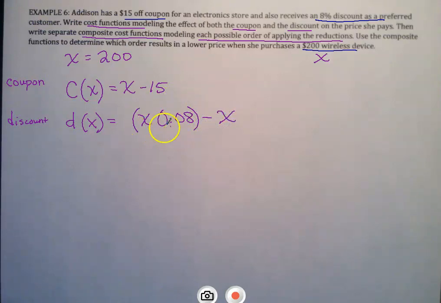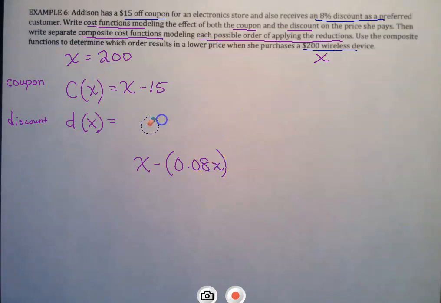This is your discount, and this is your cost of the item. So it's X minus the quantity X times 0.08. So we have the cost of the item X minus the discount, which is the percent times the cost of the item.